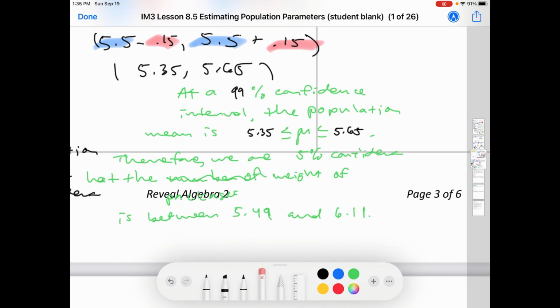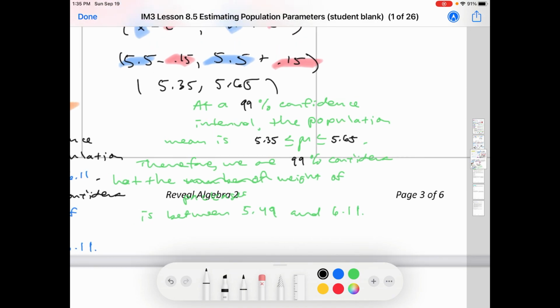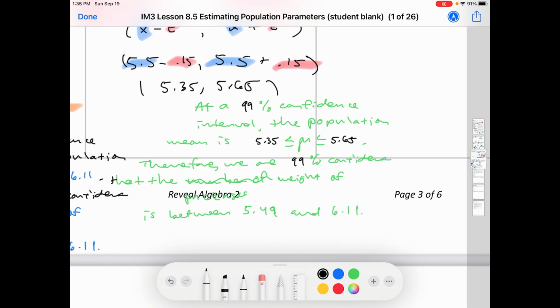Therefore, we are 99% confident, what are we talking about in this problem? That the rating of the airline is between 5.35 and 5.65.